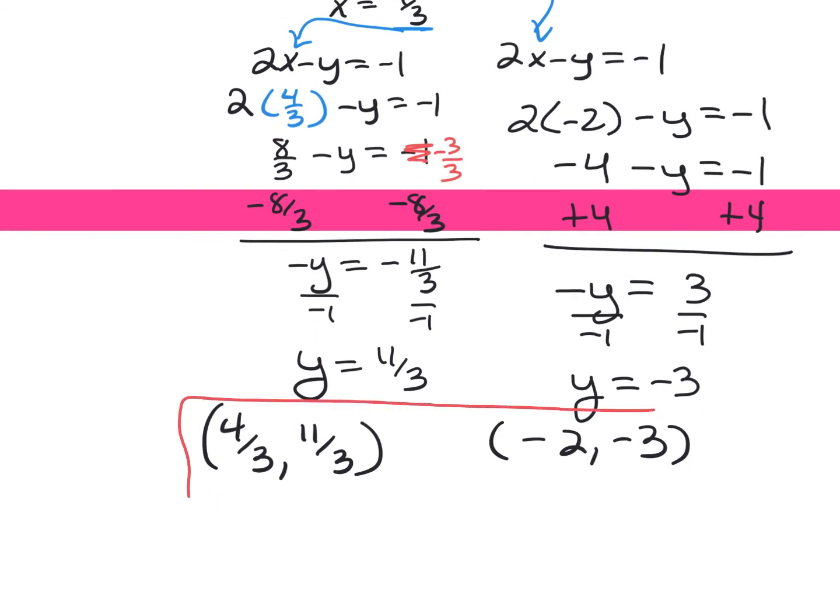So these are your two solutions to this system. Again, the two graphs touch at both of these ordered pairs. Let's try one more example.